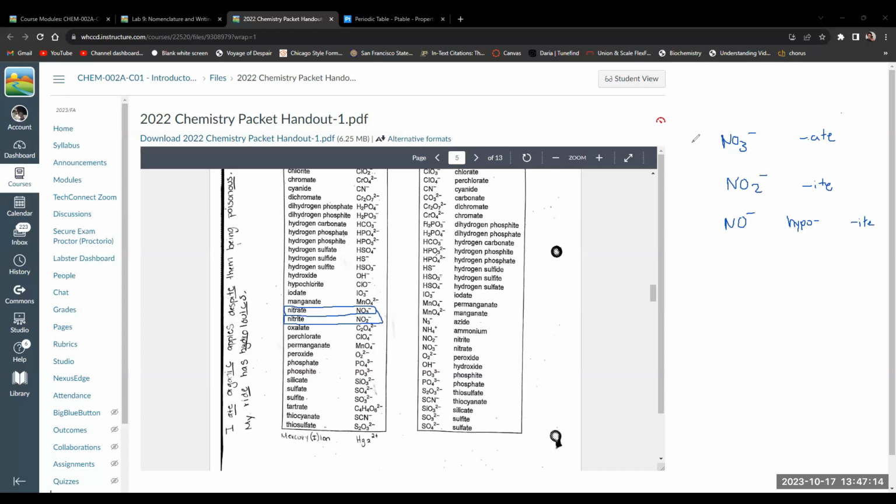However, if we look at nitrate here and we add an additional oxygen, we're adding the prefix of PER, but keeping the same ATE.